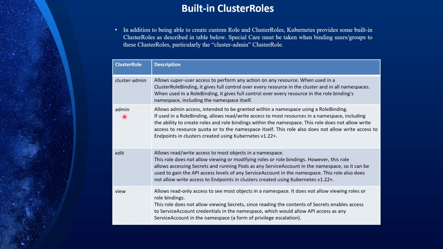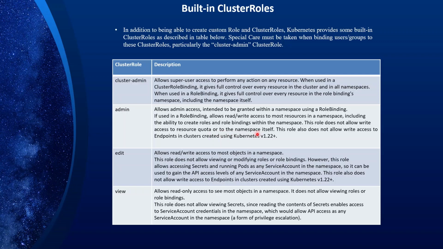Next one is admin. It allows admin access intended to be granted within a namespace using a role binding. If used in a role binding, it allows read-write access to most resources in a namespace, including the ability to create roles and role bindings within the namespace. This role does not allow write access to resource quota or to the namespace itself.